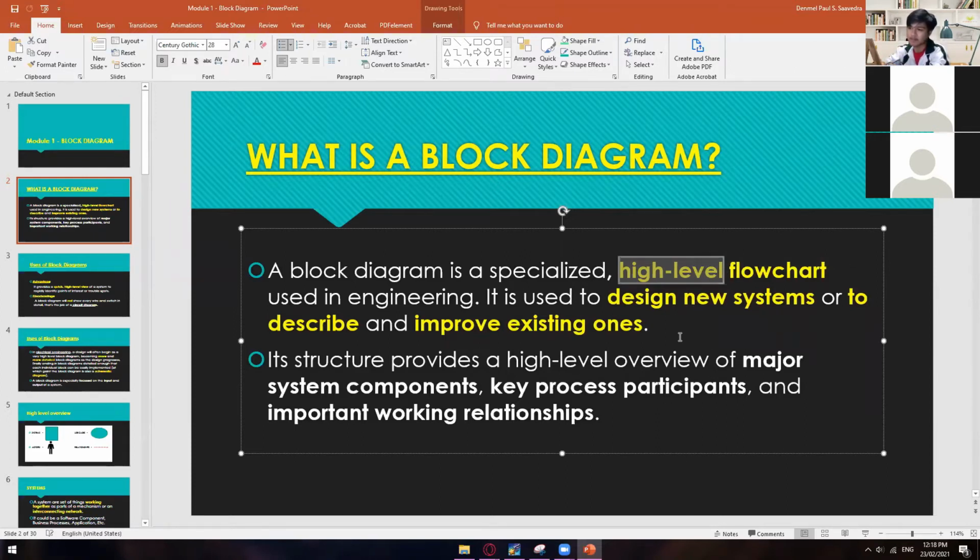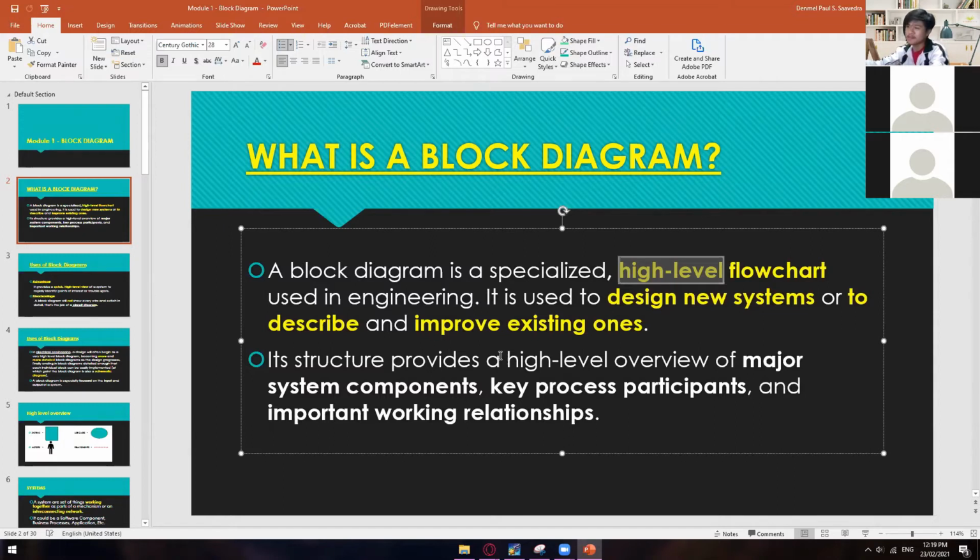For example, for a CPU algorithm or process, if you draw that in a block diagram, it only has two parts, the input and then the output. What will happen if we have this input and after it passes through this system, what is the output? That is the basic thing you need to know when making a block diagram.